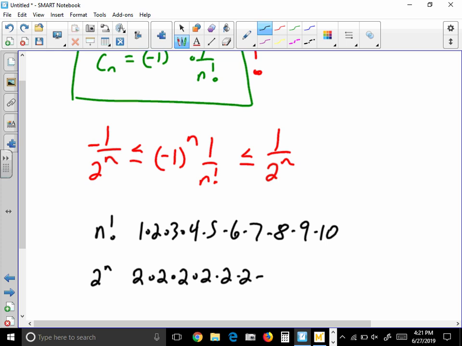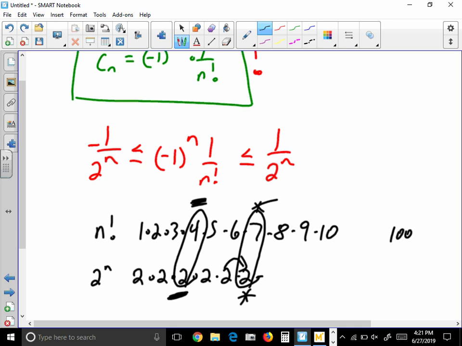But is 2 to the n always going to be bigger? After a while, notice out here, in this step, we're multiplying by 2 here, but we're multiplying by 4 there. Out here, we're only multiplying by 2 when we go to the next term, but we're multiplying by 7 here. Imagine when we're out here and we're multiplying by like 100 times 101 and so forth.